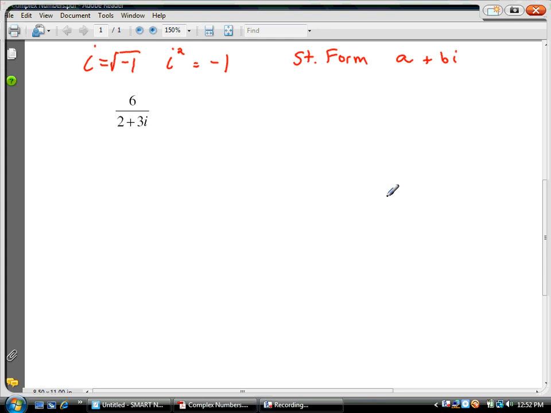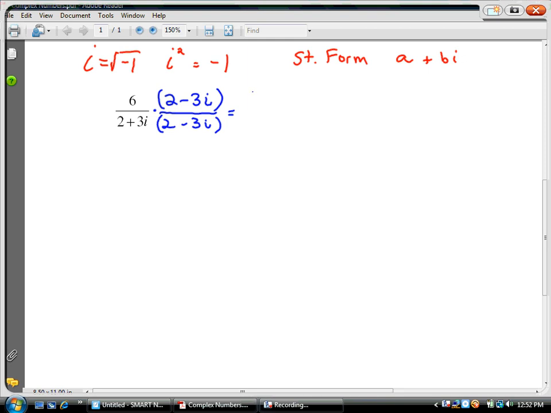So we're going to multiply this expression by 1, except I'm going to write it in kind of a funny way: 2 minus 3i divided by 2 minus 3i. Now, again, we're just multiplying it by 1, and I picked that exact expression for a very specific reason. I'll explain that in a minute.